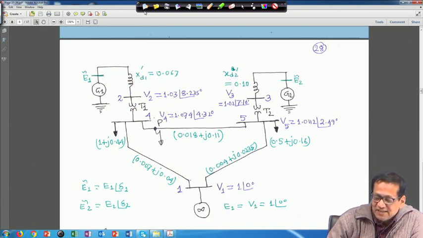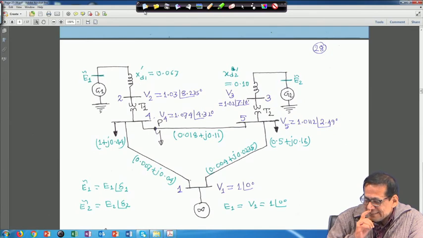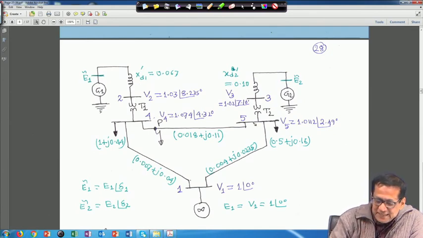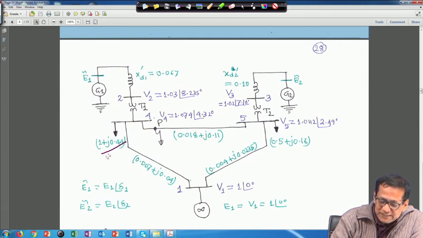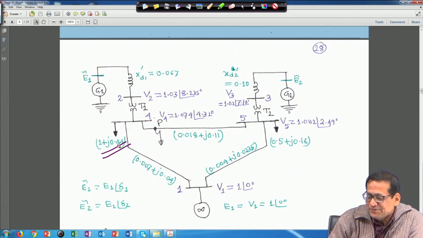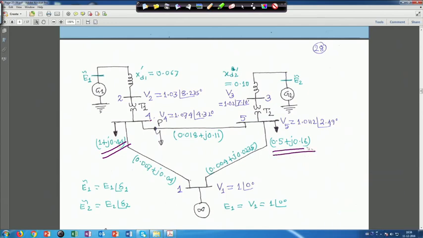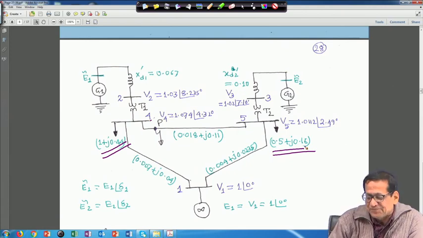Right. Now, another thing is that the load flow result for every bus is given, and here at bus 4 the load is given, we have to convert this load in terms of admittance same as before. Bus 5 also has a load given, we have to convert it in terms of admittance, right. And all the load flow solutions are given here.